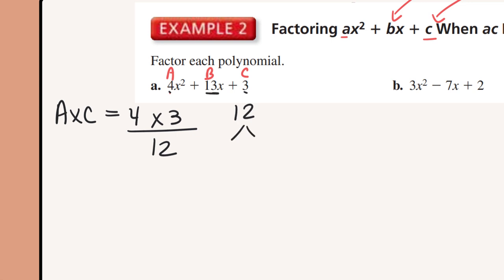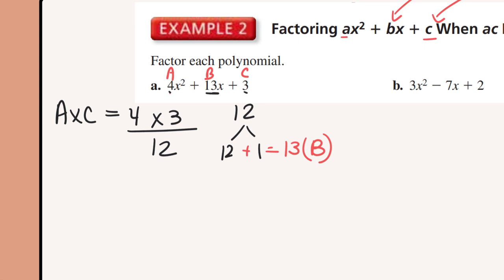So what numbers do we have? 12 times 1, everything is positive. 12 and 1 when added together give me 13, which is our B. There's no need for me to continue finding factors. We guessed it right on the first one.